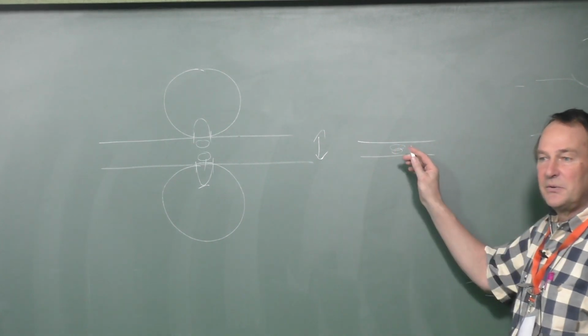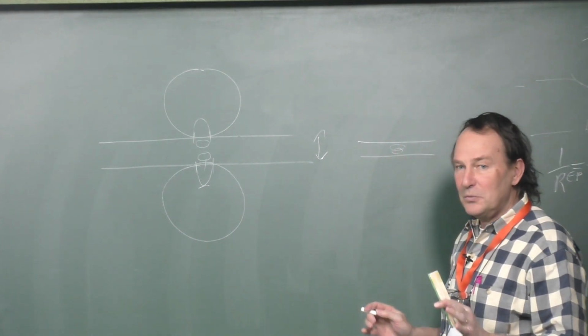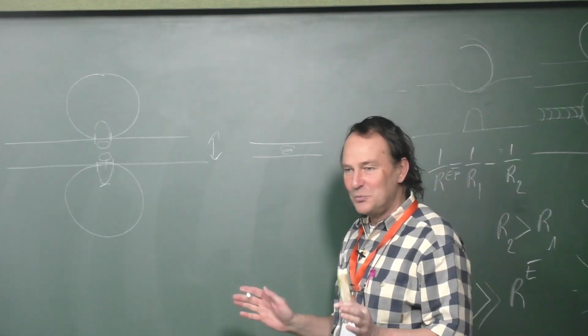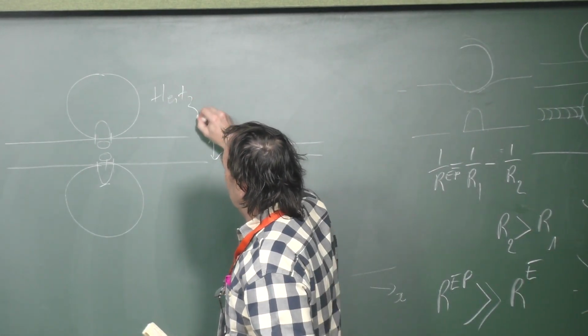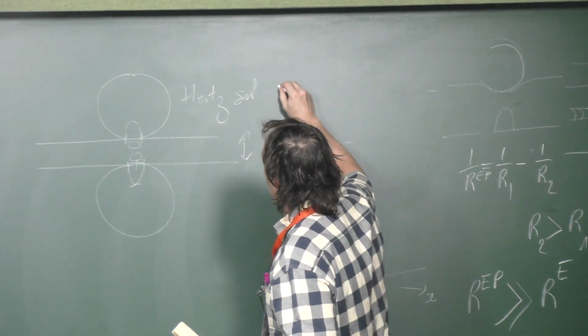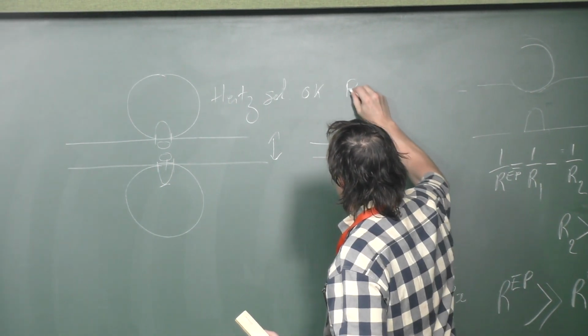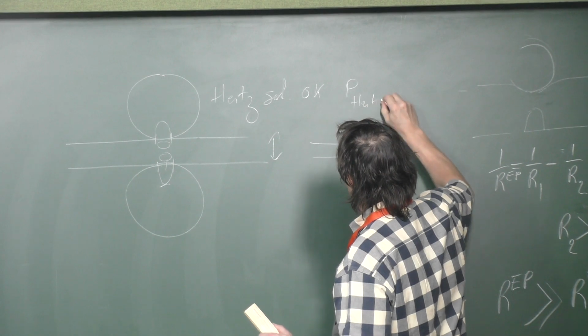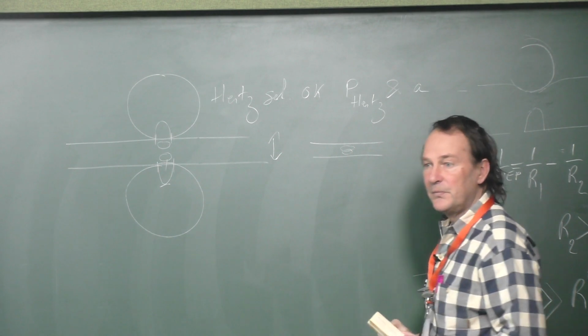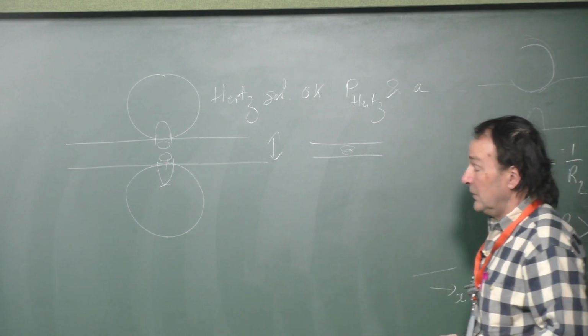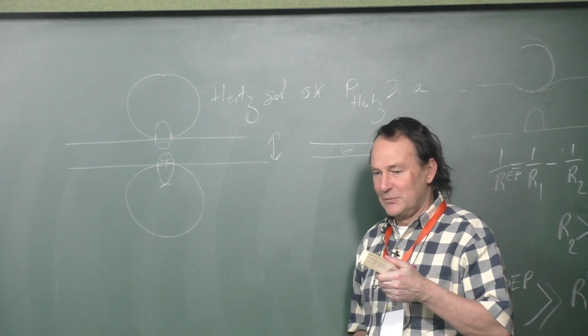Then there are some difficulties, but I assume, I didn't make the simulation, but I assume that the Hertz solution will be okay for the Hertzian pressure and for a. Okay.